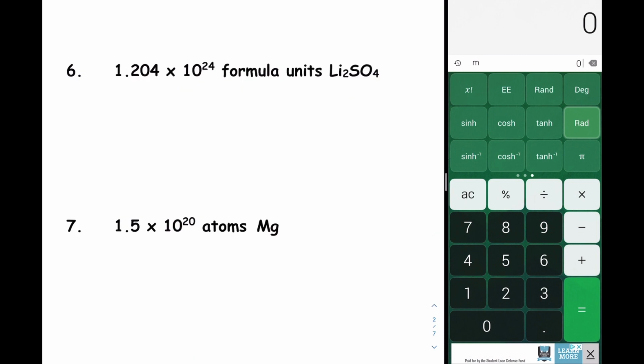Let's try number 7 as our second example. Once again, we're going to write our given value, 1.5 times 10 to the power of 20 atoms of magnesium.